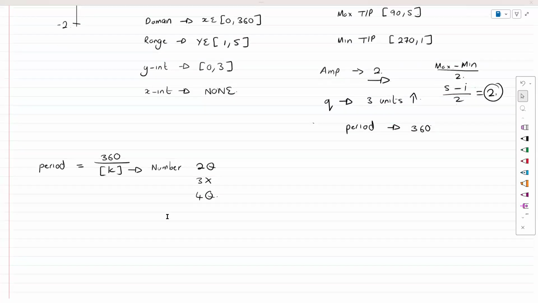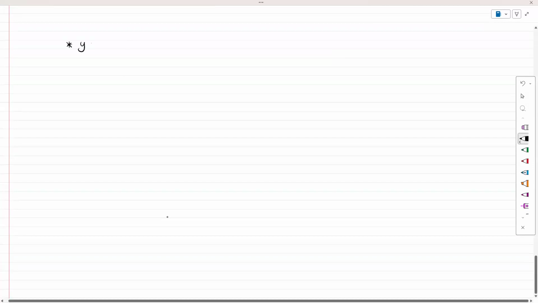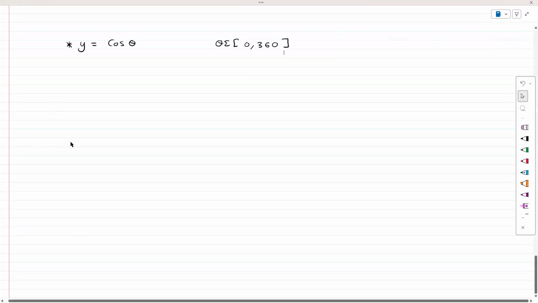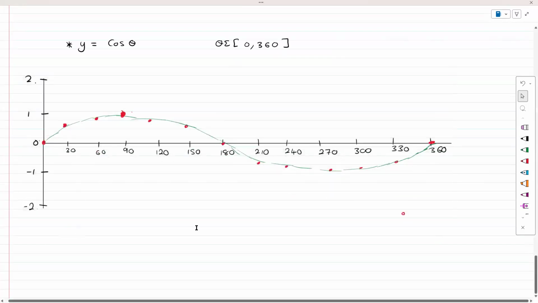The next one we deal with is cos. So when it comes to cos, this is y equals cos theta. We're going to do a really basic graph. Theta is an element of 0 to 360, right? And we're going to start off with the same graph that we did before. Let's put that there.